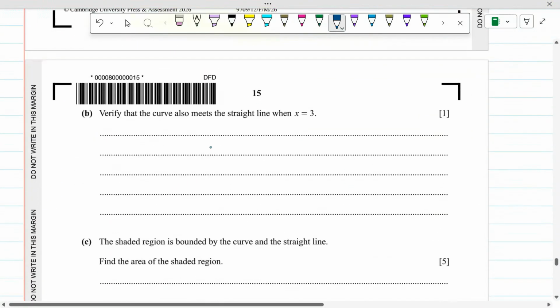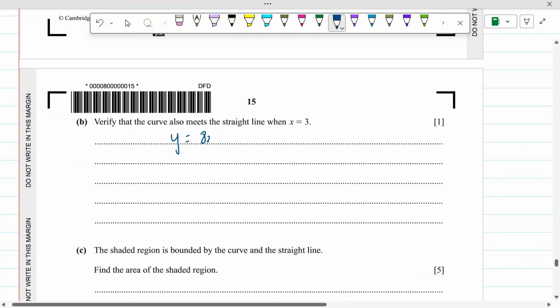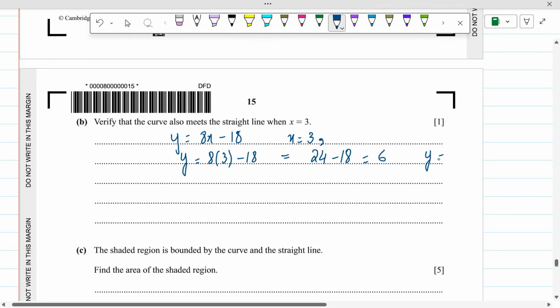the curve equation. For example, we have the line equation y is equal to 8x minus 18. When x is equal to 3, y is equal to 8 times 3 minus 18, and this is equal to 24 minus 18 which is equal to 6. So the y coordinate is 6.